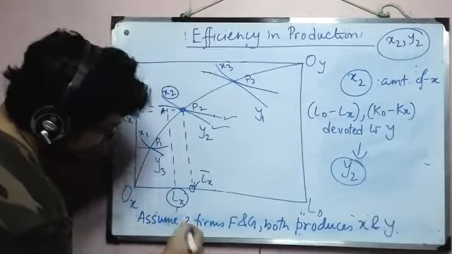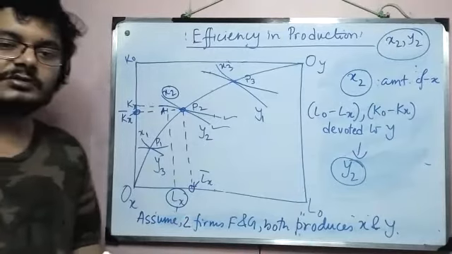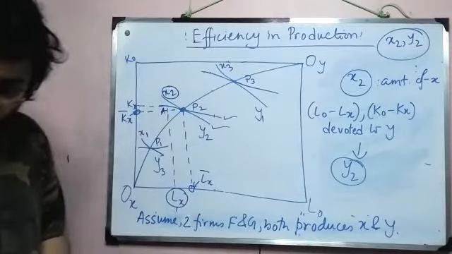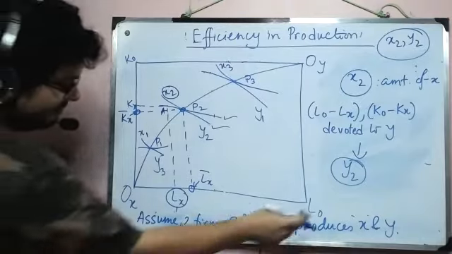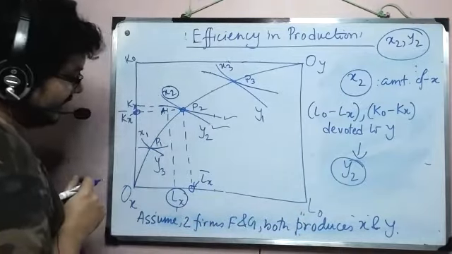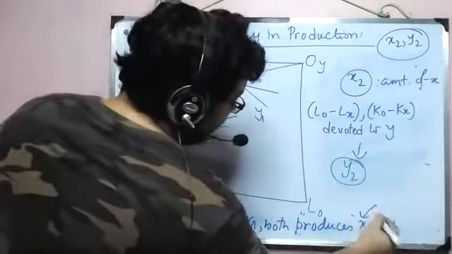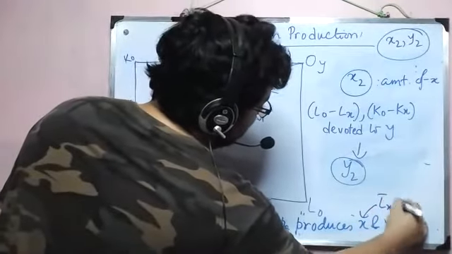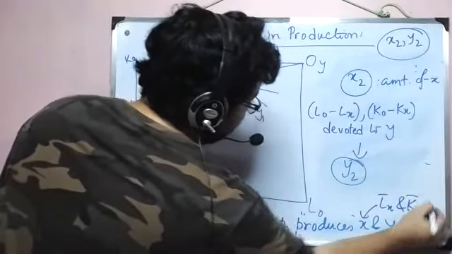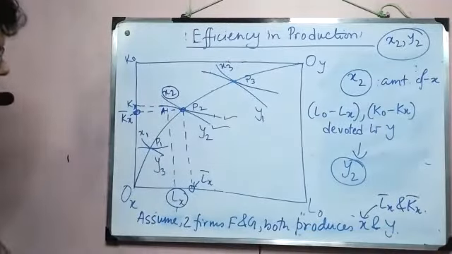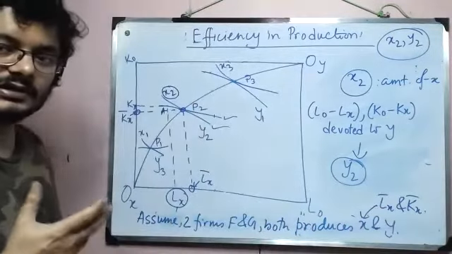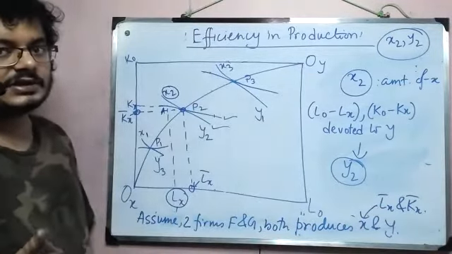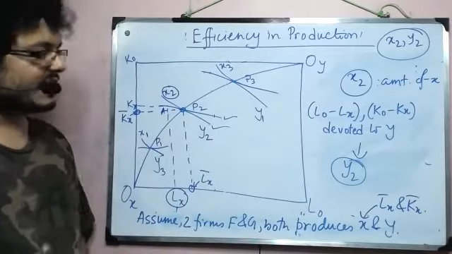So two farms F and G both produce X and Y. Now from this diagram we know that the resources devoted to X will be Lx bar and Kx bar. Now that begs the question: how will these resources be divided among F and G to produce X?